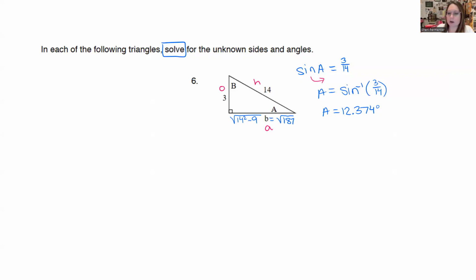Okay, so if we want to find B, we are going to do 180 minus 90 minus 12.374.